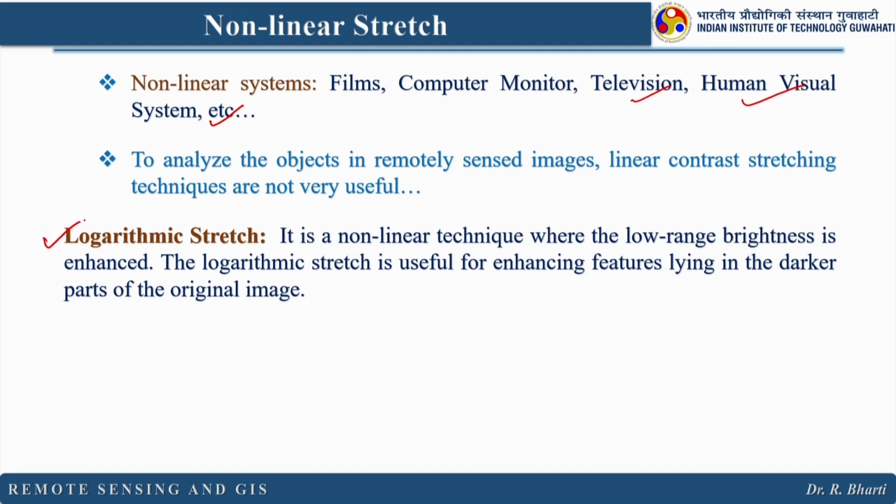It is a non-linear technique where the low range brightness is enhanced. The logarithmic stretch is useful for enhancing features lying in the darker parts of the original image. So basically, if you want to identify some features which are in the darker area, then this logarithmic stretch is useful.